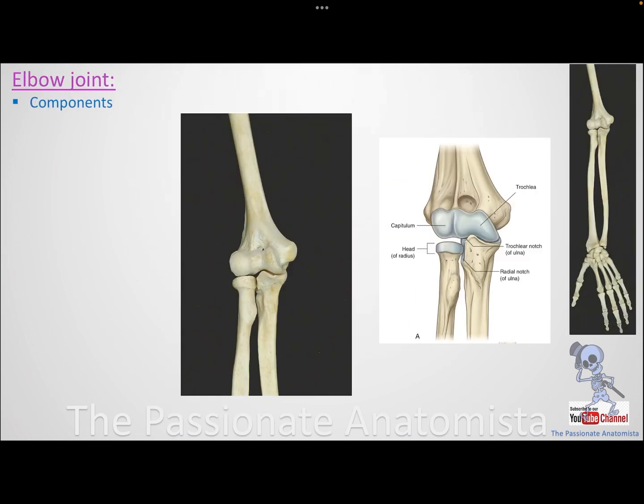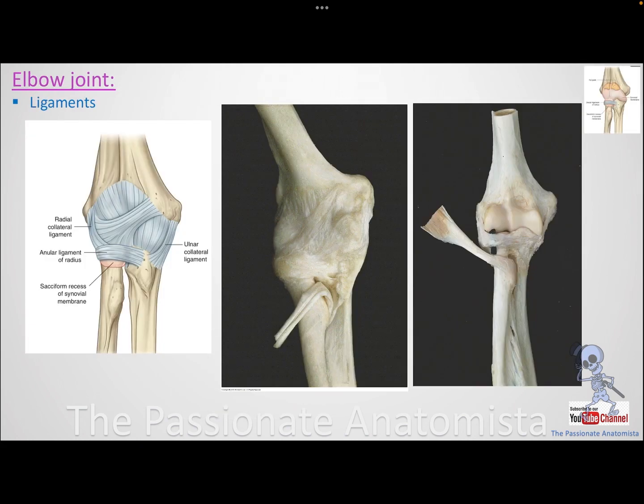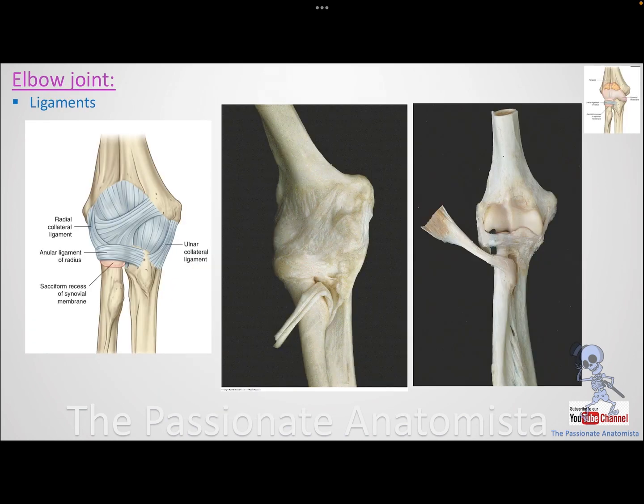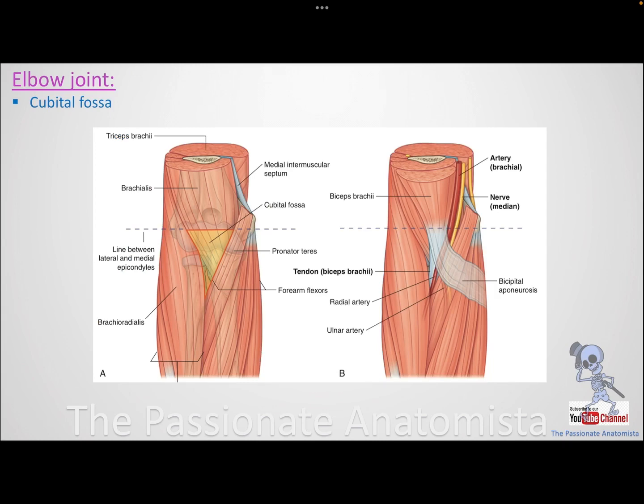Okay, so I have bones here. I just want to talk about the cubital fossa first, and we can get back to the elbow. The cubital fossa is made by an imaginary line between the two epicondyles of the humerus, and the lateral and medial borders by muscles: medially pronator teres, laterally brachioradialis, and the meeting point between them makes a triangular space.